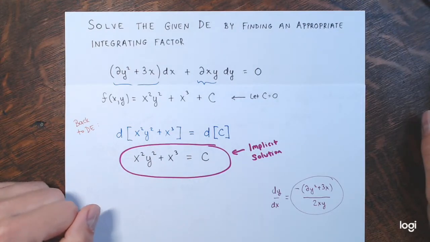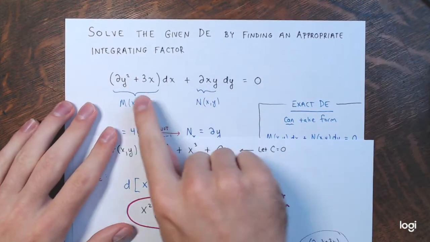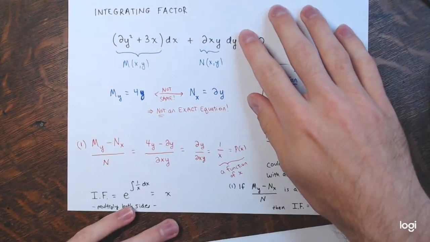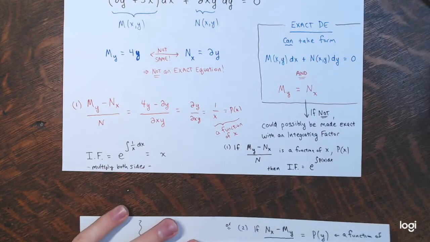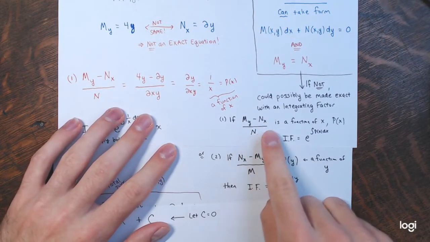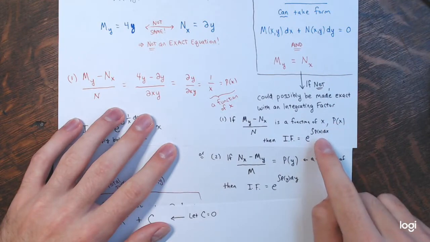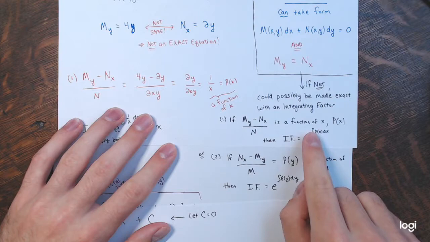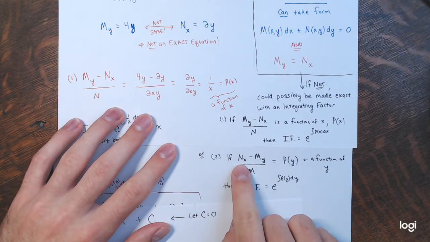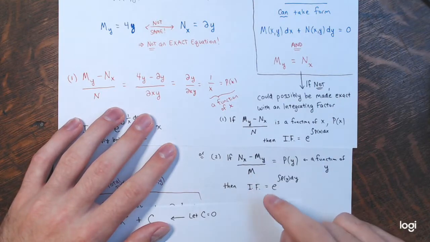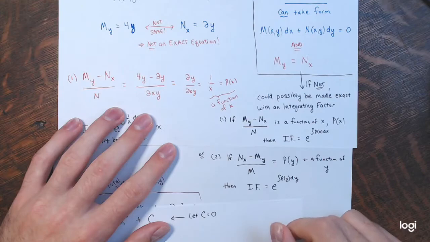Great. So again, the equation started off not exact. Then I was checking one of these expressions, either my minus nx over n. If that's a function of x, I can find an integrating factor to help me. If that's not a function of solely x, then I'll check out nx minus my over m and see if that's a function of just y, and find the integrating factor from that.